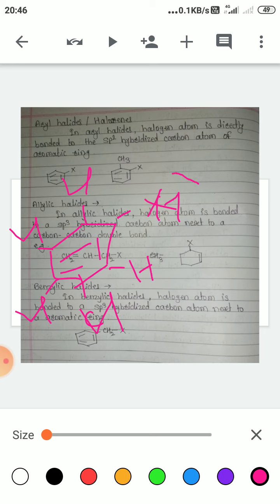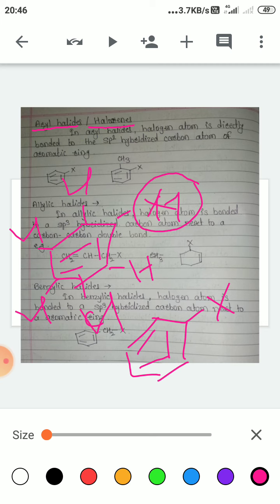And if we replace any one hydrogen of benzene by a halogen atom, that is, the halogen atom gets bonded directly to an sp2 hybridized carbon atom of the aromatic ring, then such halides are called aryl halides, haloarenes.